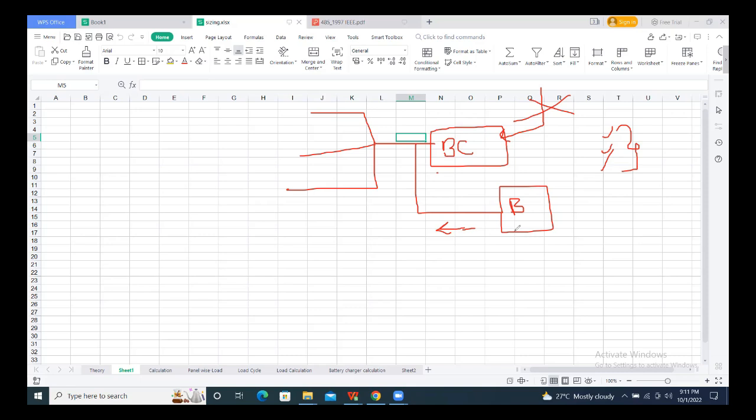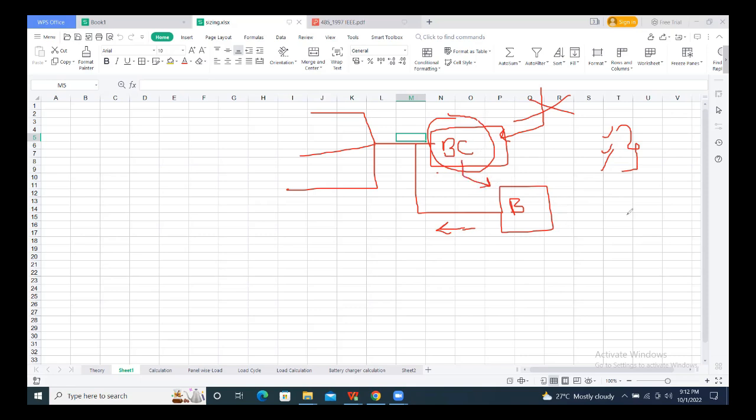Now, when I am talking about the battery, you will see two types of chargers: float charger and boost charger. So what is this float charger and boost charger in the battery charger, and how does it influence the battery?